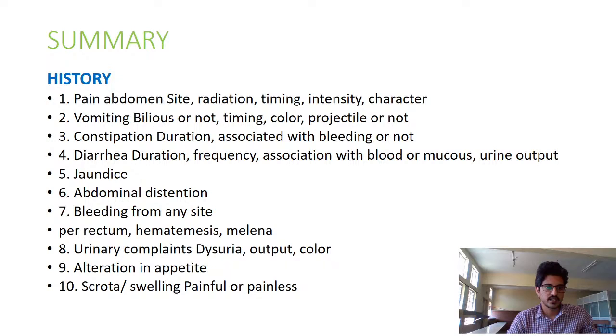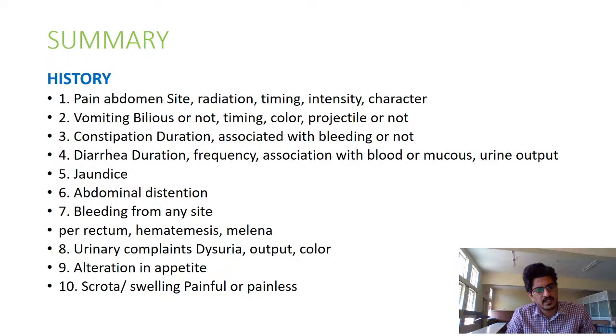If the presenting complaint is constipation, what is the duration, associated with bleeding or not. If it is diarrhea, what is the duration, frequency, association with blood or mucus, or any decreased urine output or normal urine output. And jaundice, any abdominal distension, the cause of abdominal distension, 5Fs: fluid, feces, flatus, fetus, fat.